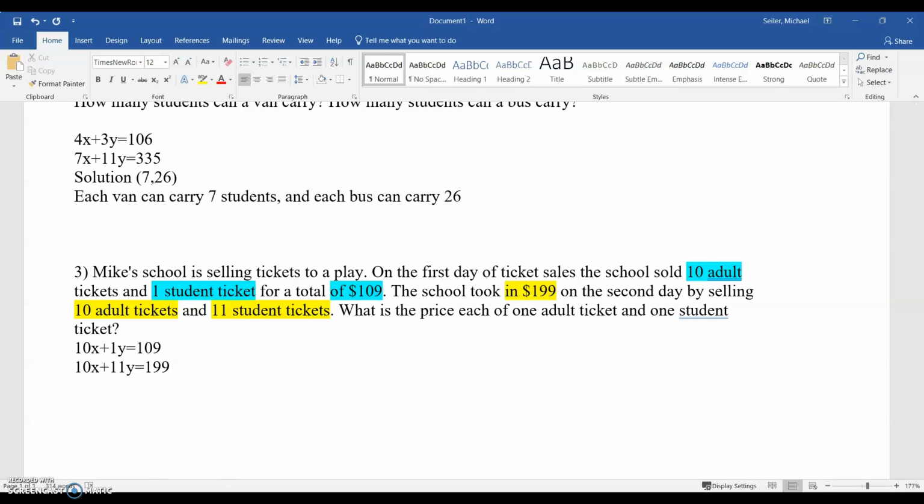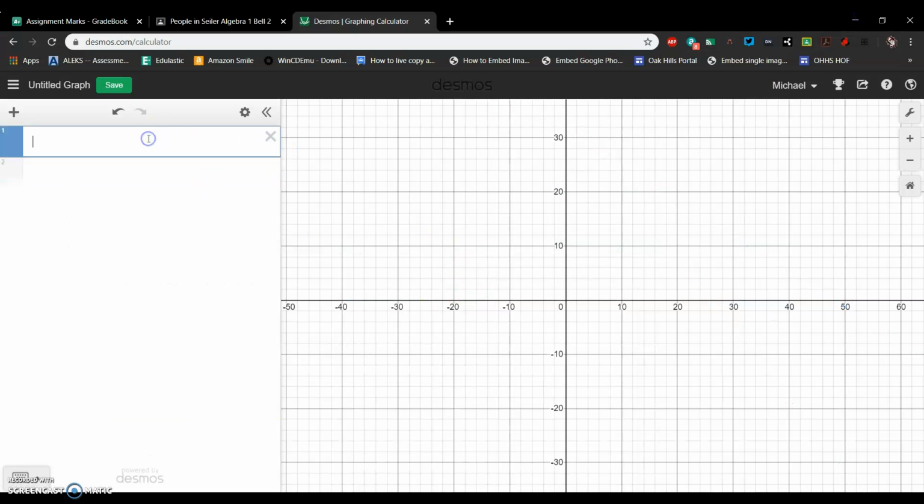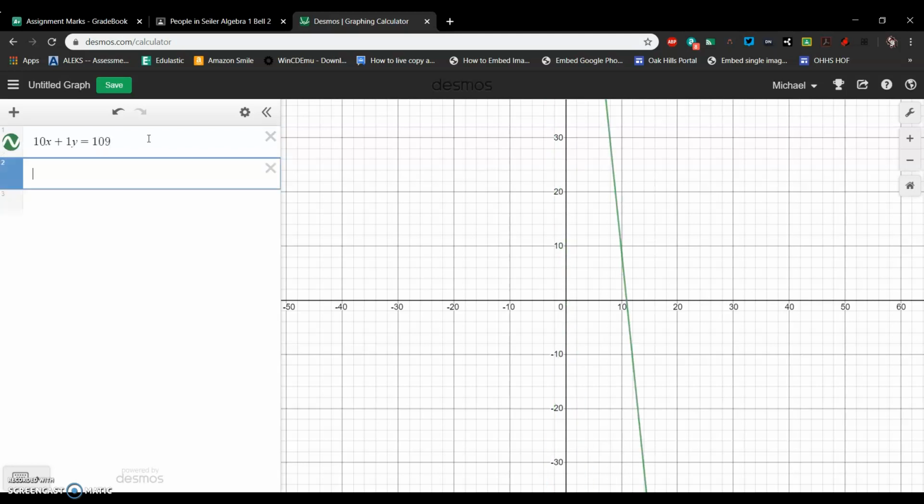Okay, back to Desmos we go. So here I've got 10x plus 1y equals 109, and 10x plus 11y equals 199. Again, you might have to zoom in, zoom out, move it around, but leaving things where they were for my last equation, I can see my 2 lines, my purple and my green line, intersect right here at coordinate (10, 9).